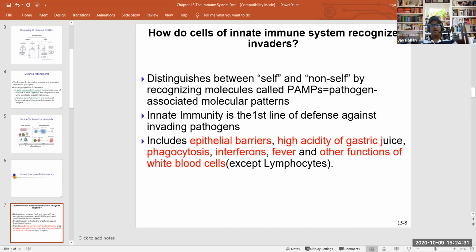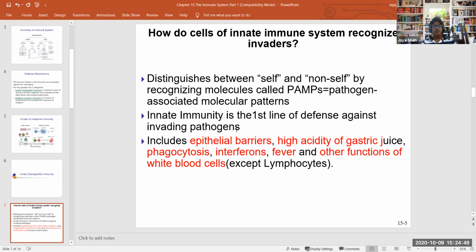Immune cells have receptors, and those receptors can recognize whether it is self or non-self. Innate immunity is the first line of defense against invading pathogens. Pathogens means disease-causing agents.